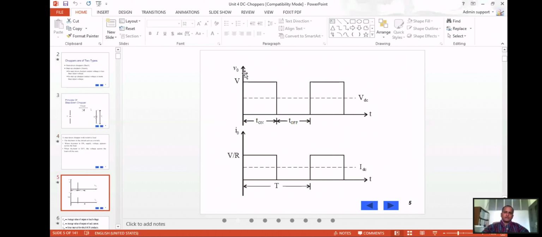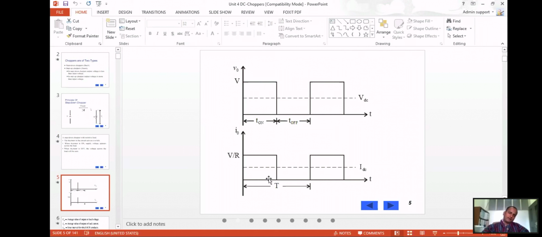This is the output voltage, shown as a square wave, where T on and T off make up one total cycle.